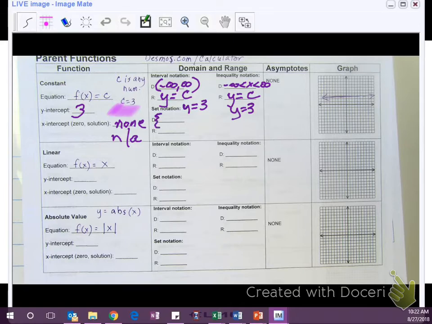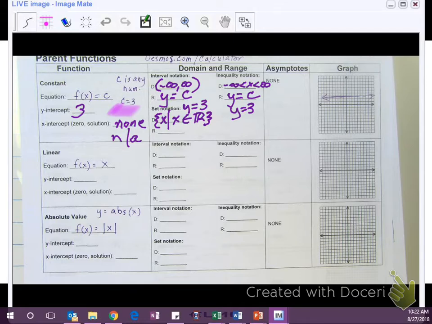It's the set of all x's such that, well, let's do it the shortcut way, such that x is an element of the reals. Now, you could also put the inequality there with the negative and positive infinity if you want, but when it is all real numbers for set builder notation, it's okay to do it this way.